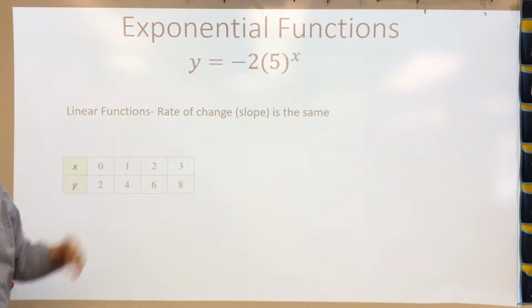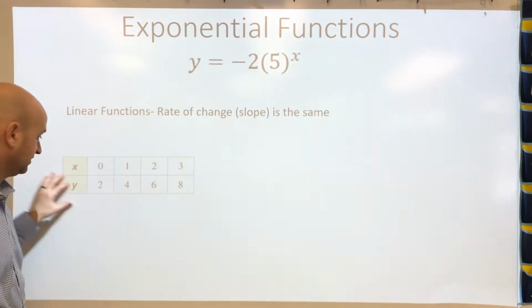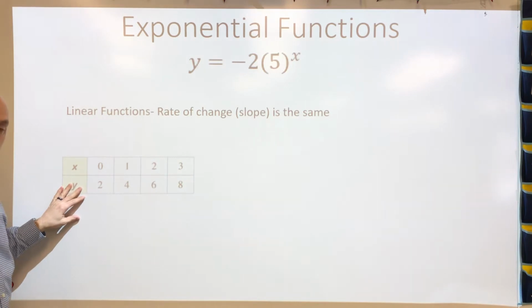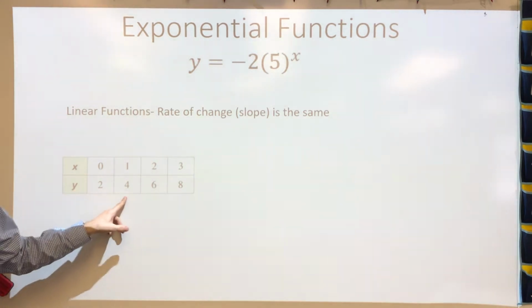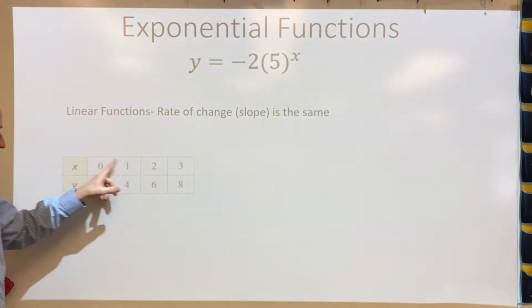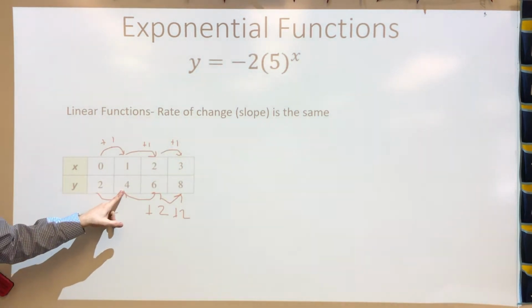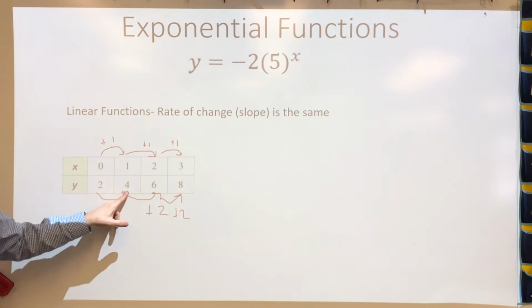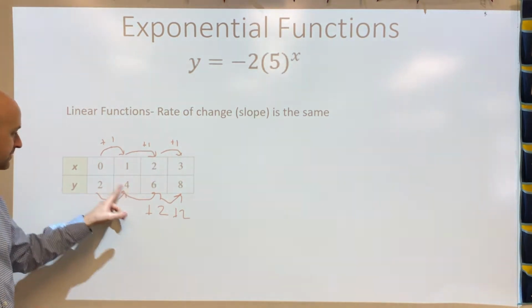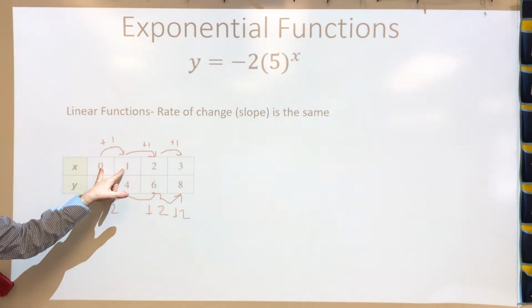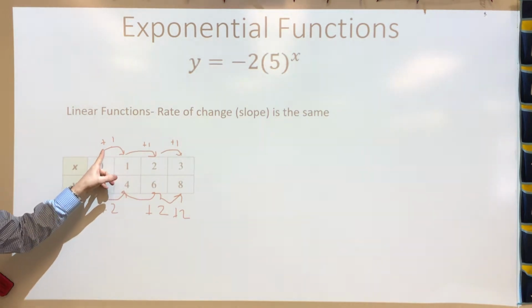Now, if we want to find the rate of change or the slope of this particular function, what we're going to do is take the change of the y values divided by the change of the x values. In this case, the y values from 2 to 4 change by 2. From the same pair of x values, it changes by 1.